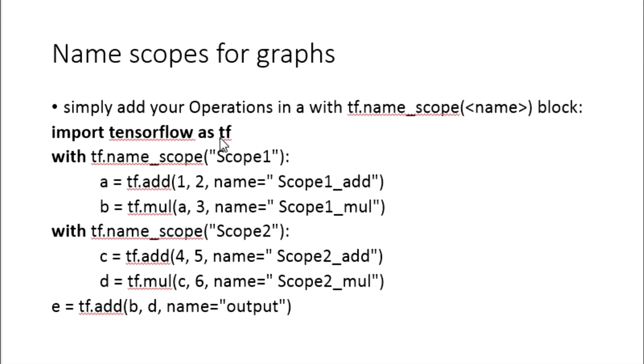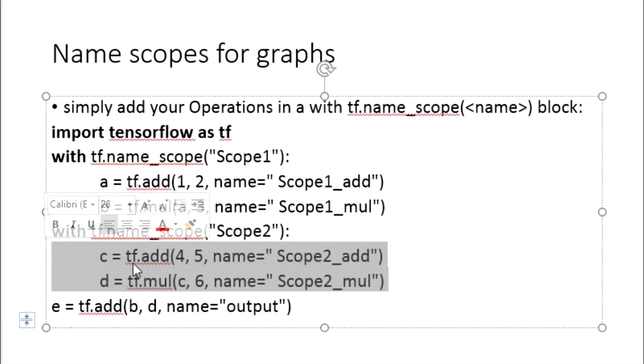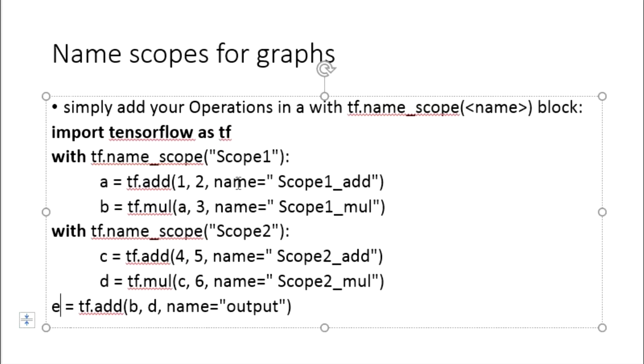This is just importing TensorFlow as tf, and then with tf.name_scope, these will be created inside scope 1, and then this is a context manager for scope 2. Therefore these two will be created inside scope 2, and this will be out of scope 1 and scope 2 because it's outside the context manager.